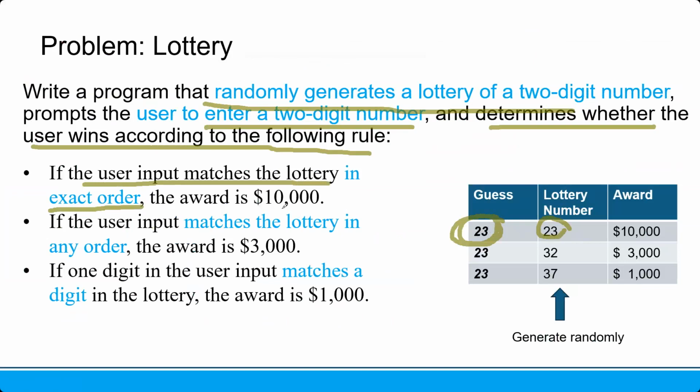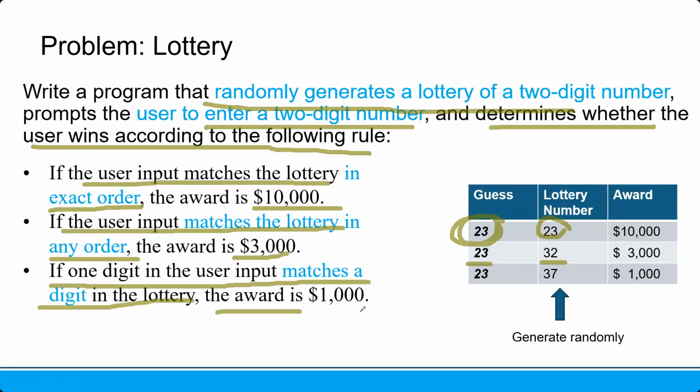Then the award is 10,000 US dollars. But if the user input matches the lottery in any order, for example, the lottery number is 32, but user guess 23, then the award is 3,000 US dollars. If one digit in the user input matches a digit in the lottery, then the award is 1,000.